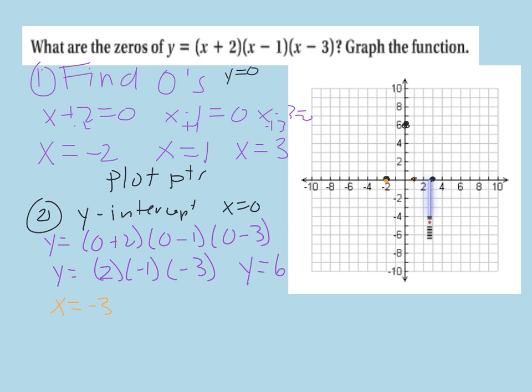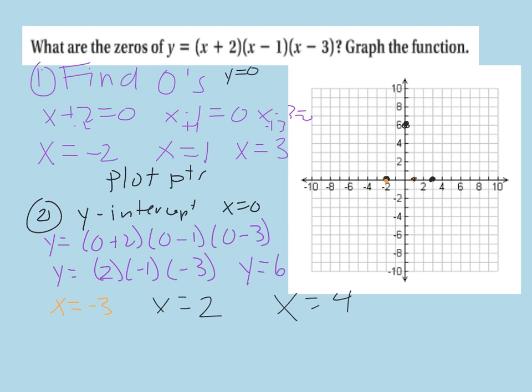So I'm going to pick 2. Again, I'm just picking numbers to evaluate. And then finally, I want to pick a point on the right-hand side. So I'm going to pick 4, just because. And I'm going to put those into my calculator.